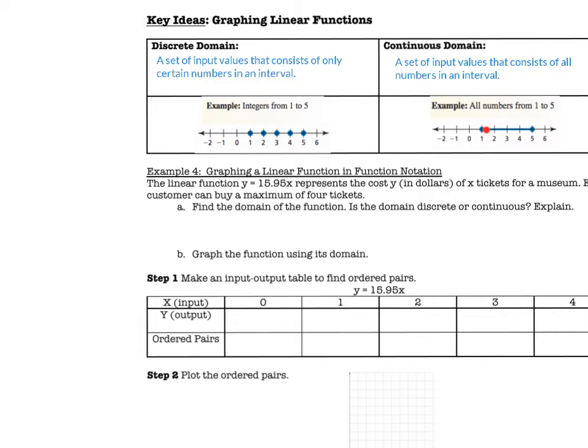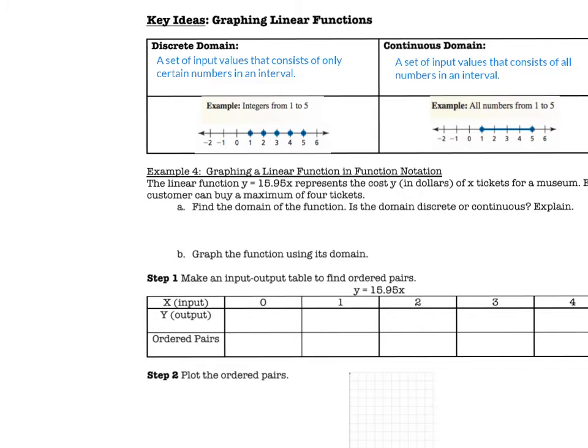If it's a continuous domain, we start at 1 and go to 5, and it consists of all the numbers in this interval. So even 2.5 or 3.25 or 4.75, all the numbers are part of this domain. Whereas this domain, it's only 1, and then only 2, and then only 3. So that is a discrete domain versus continuous domain.